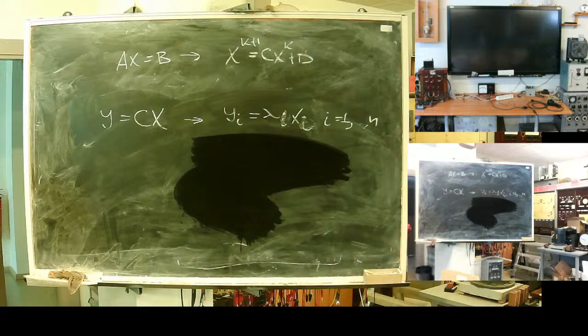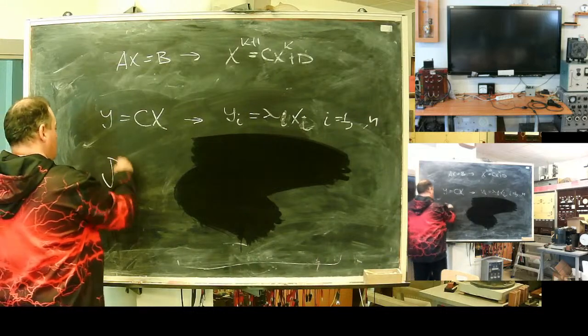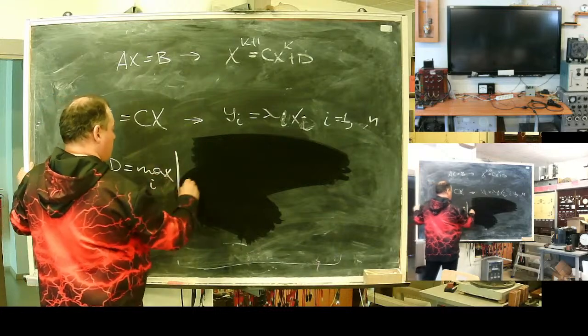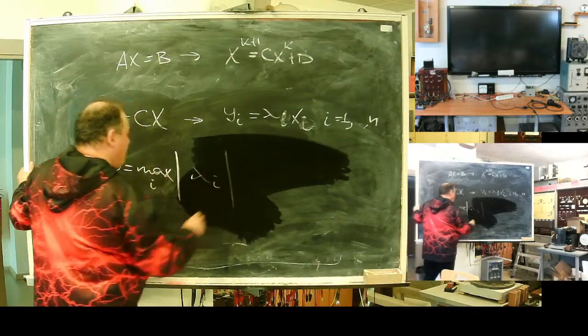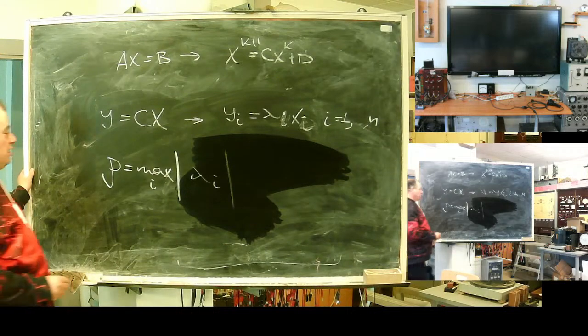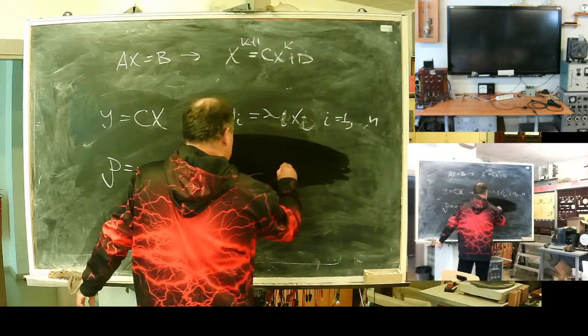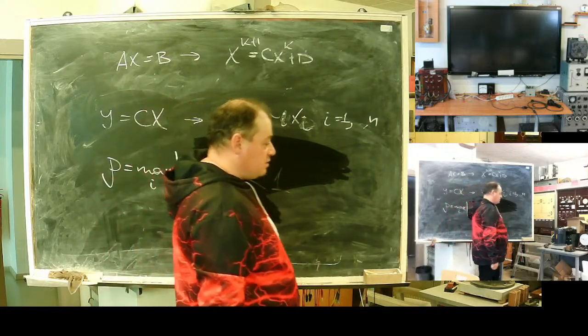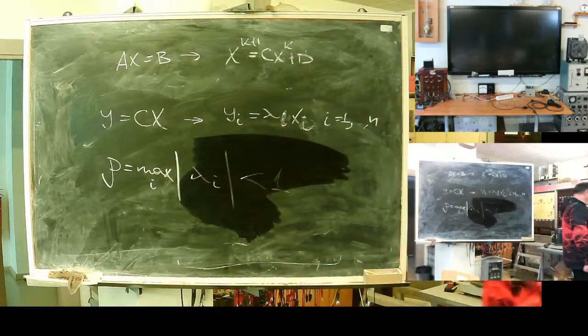My condition of convergence will be rho, the max over i of the biggest eigennumber, should be less than 1. This is the condition of convergence.